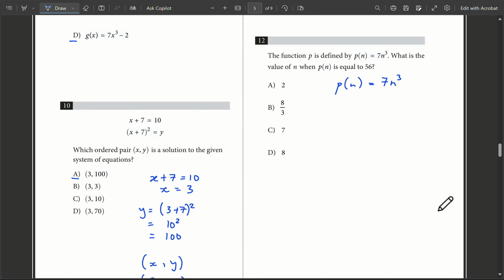And then we're told that p of n is equal to 56. That means this one here is equal to 56, right? So we then divide both sides by 7, and we're left with n cubed is equal to 8. And then to find n, we take the cube root of 8, and that gives us 2. And the answer is A.